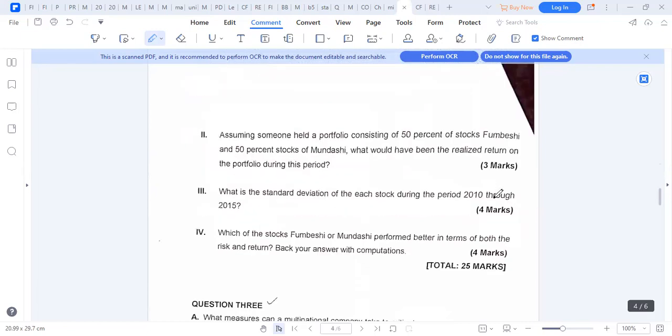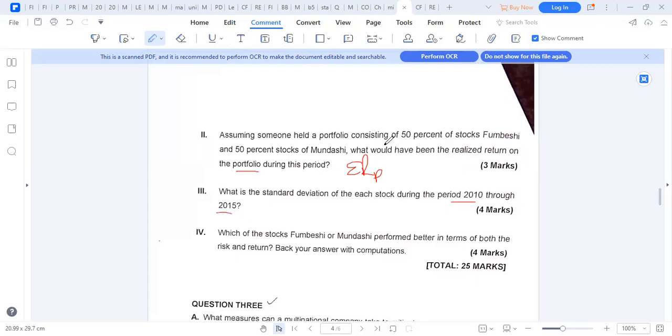All right. Then assuming 50% of stocks were invested in this company and 50% in there, what would be the realized return on the portfolio? So we are looking at the portfolio return. Easier. What is the standard deviation for each stock from 2010 to 2015?